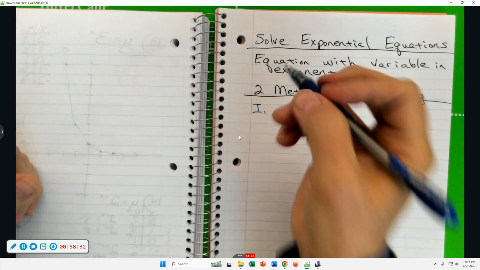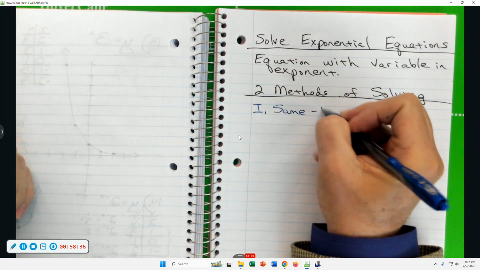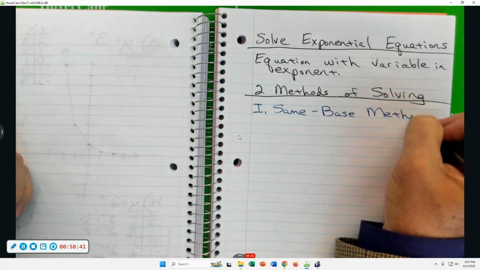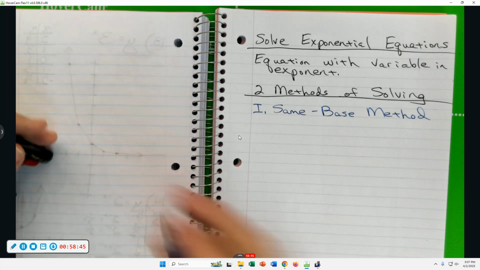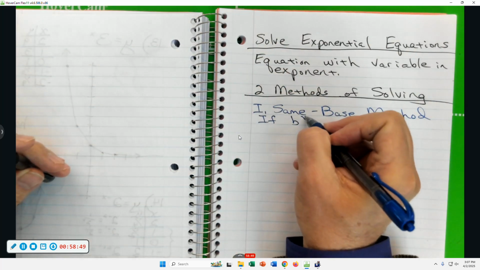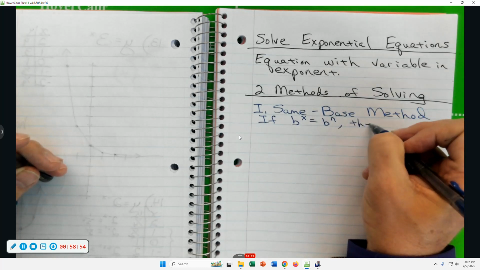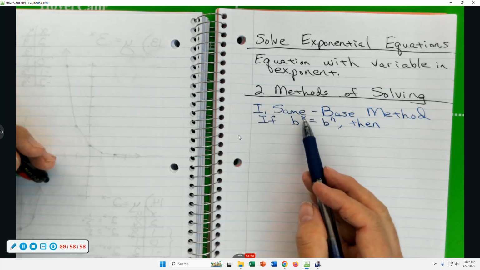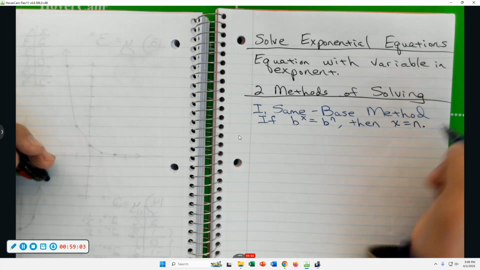The first one is the same base method. The same base method says if b to the x is equal to b to the n, then if the bases are equal, then the powers have to be equal. Then x has to equal n.